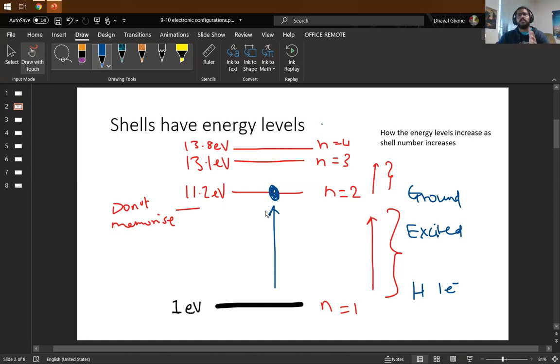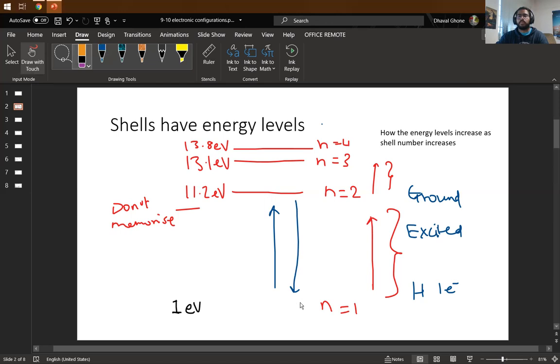So there's literally no reason for the electron to stay in n equals 2, and it wants to come back to n equals 1. So as you stop shining light on it, as you stop giving it more energy, it will stop being in this shell, and it will jump back down to n equals 1.